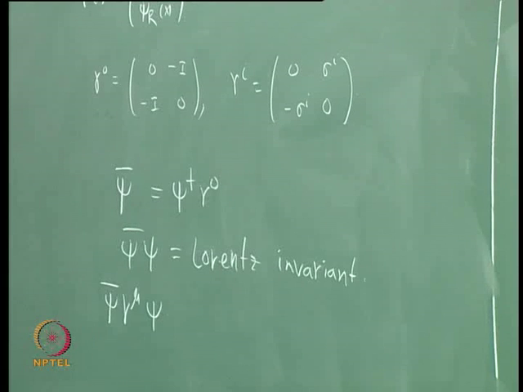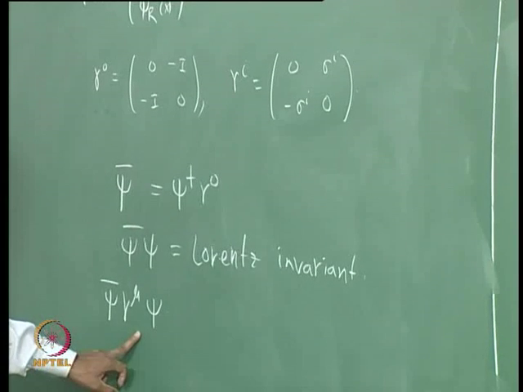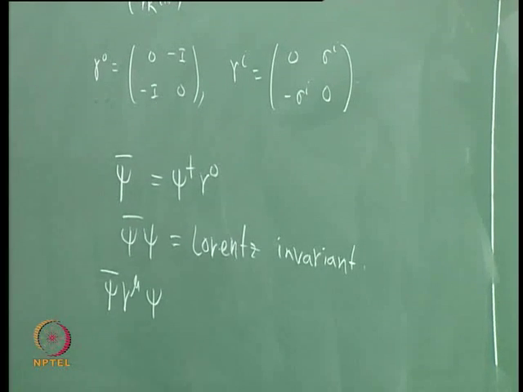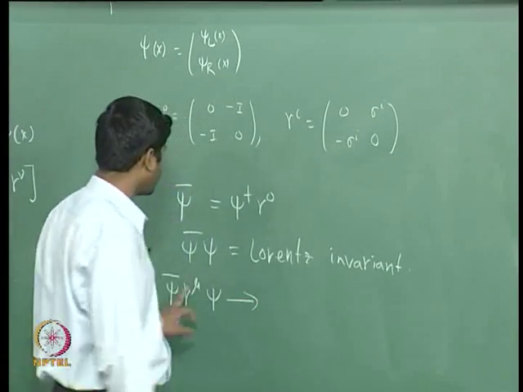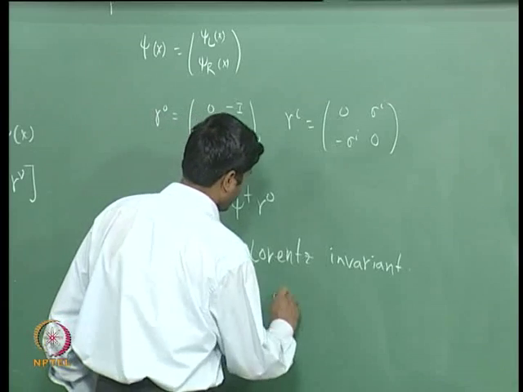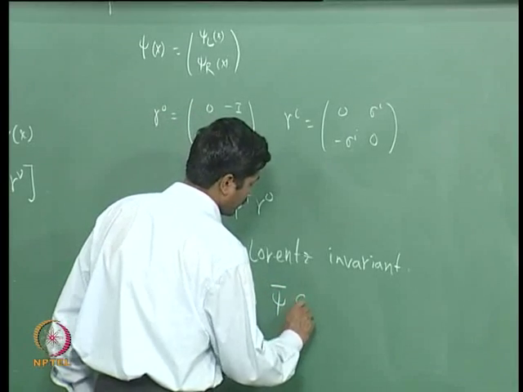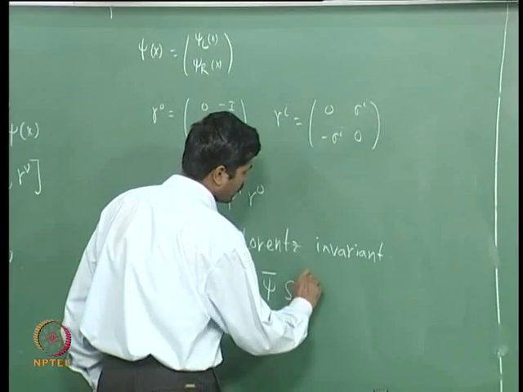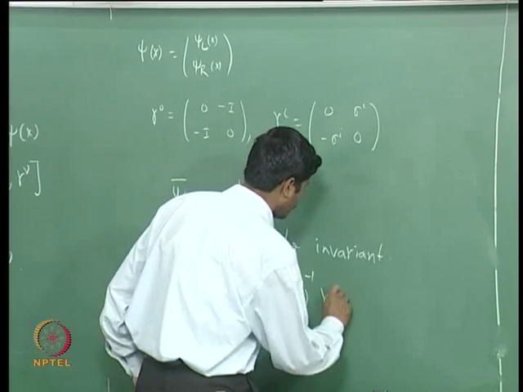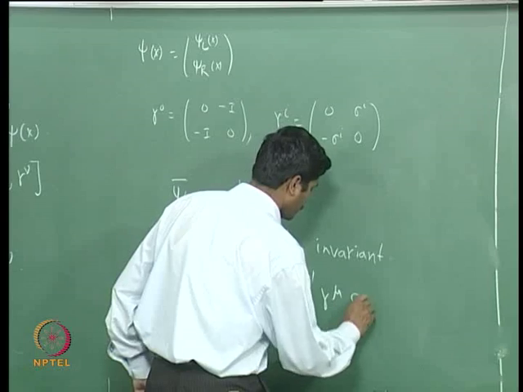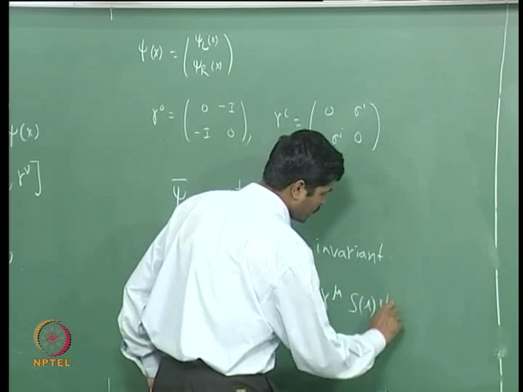So, let us see how this object transforms under Lorentz transformation. This transforms like psi bar goes to psi bar S lambda inverse, and then gamma mu, and psi goes to S lambda psi of x.